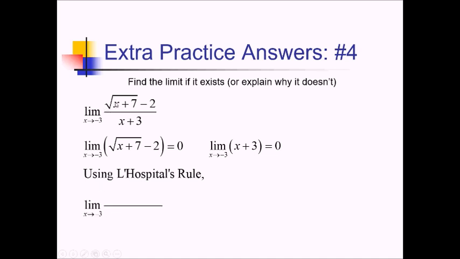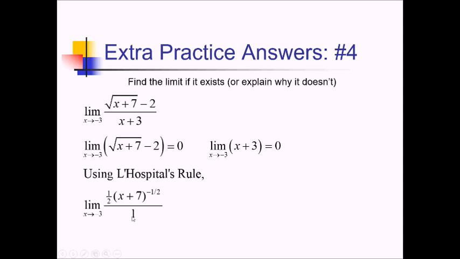So for the numerator, this function is really x plus 7 to the 1/2 power. So I'm going to have, for the derivative, 1/2 times x plus 7 to the -1/2. And there's no tail to worry about, because the derivative of x plus 7 is just 1. In the denominator, the derivative of x plus 3 is just going to be 1. And the -2 and the 3 just get zeroed out, because you're taking the derivative of constants there.